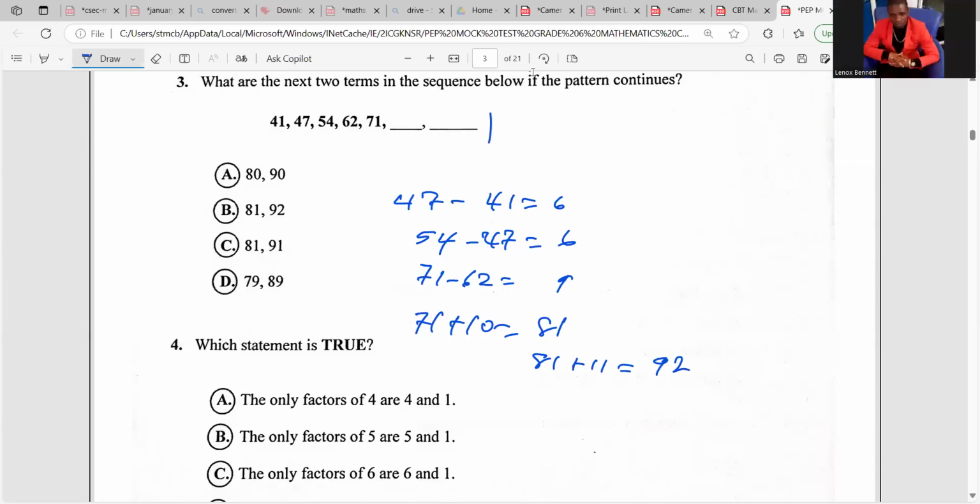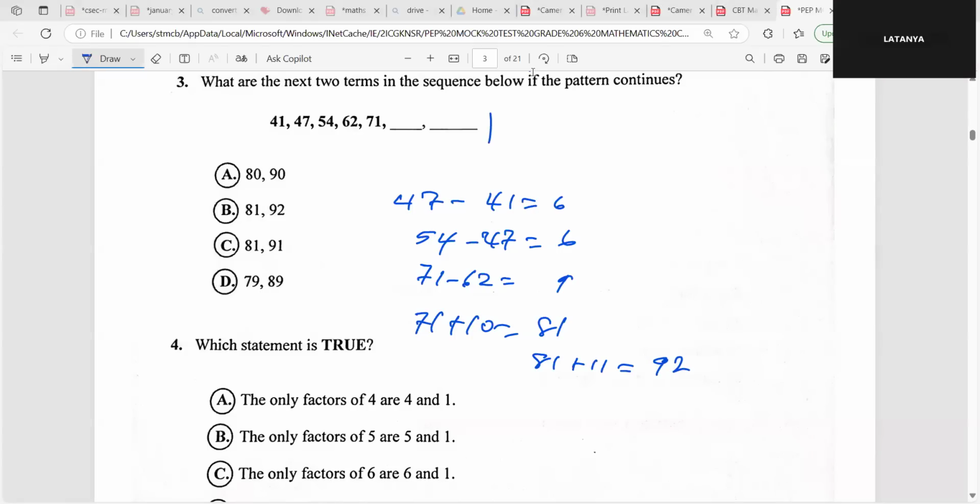Let me see if I can get someone very well spoken. Latanya, go ahead. So, sir, I realized the pattern. So each time they are adding 1, right, sir? So on 41 they had added 6. On 47 to 54 they added 7. From 54 to 62 they added 8.